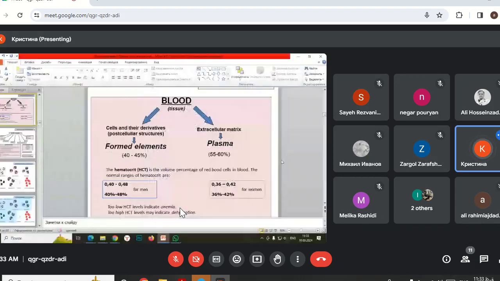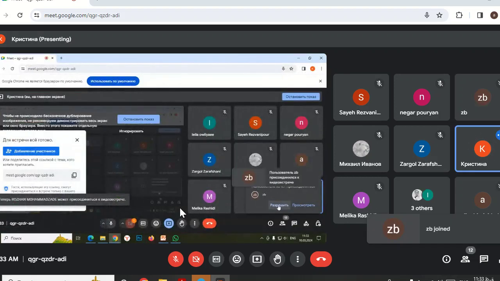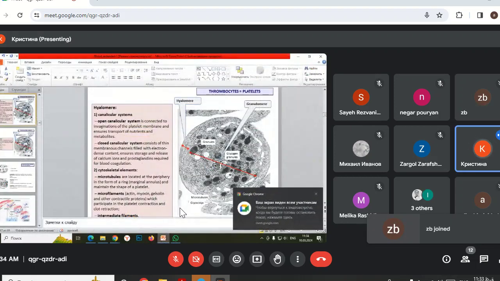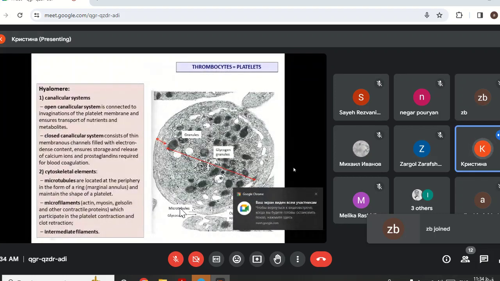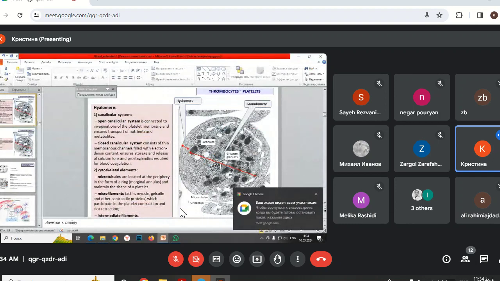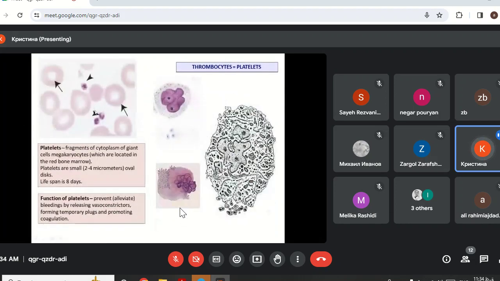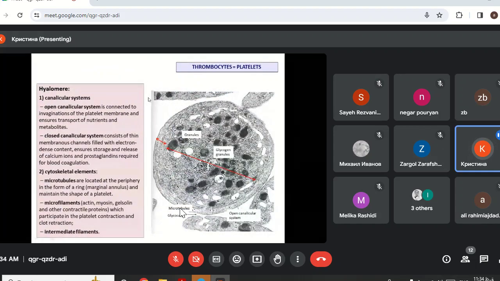The structure of a thrombocyte or platelet includes two areas. In shape, each platelet is a small oval disc, and each has two areas.